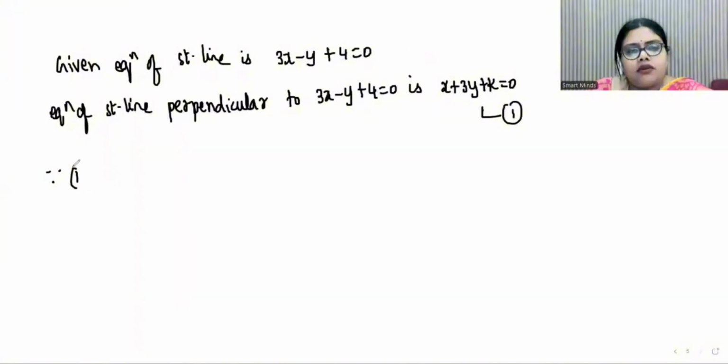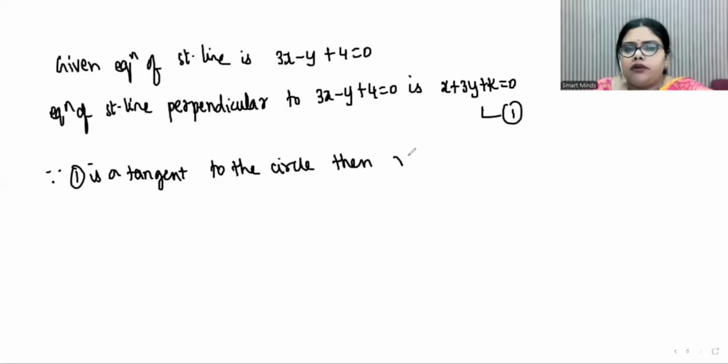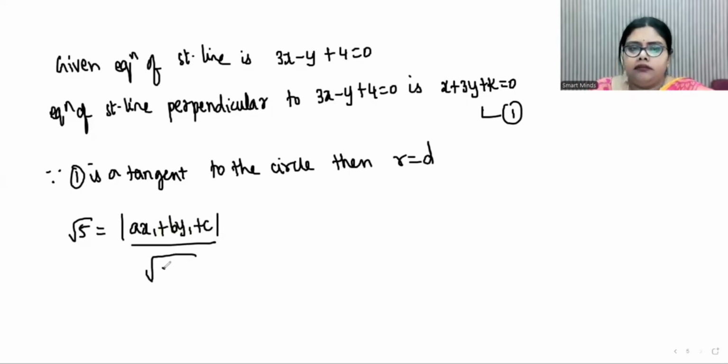Now since equation number 1 is a tangent to the given circle, we have a condition that is r is equal to d. Now in the place of r, we will write root 5. In the place of d, we will write the perpendicular distance formula, mod ax1 plus by1 plus c by root a square plus b square.